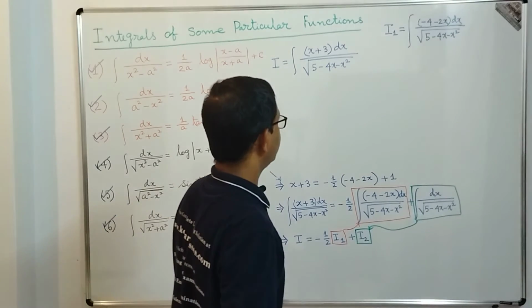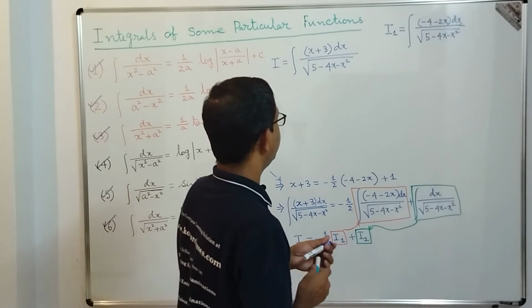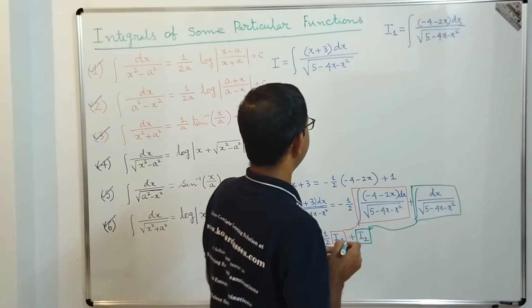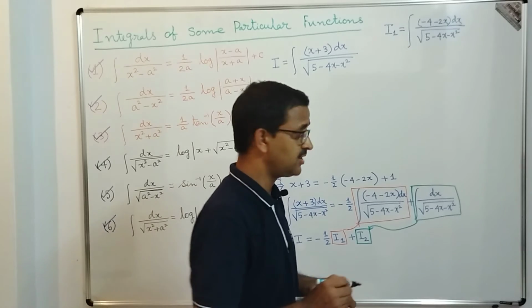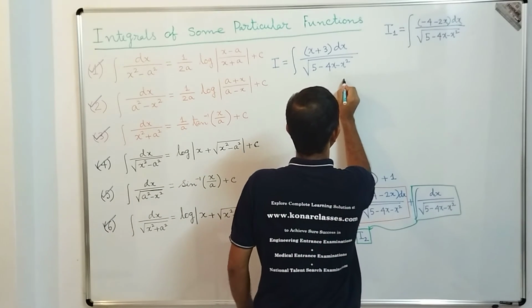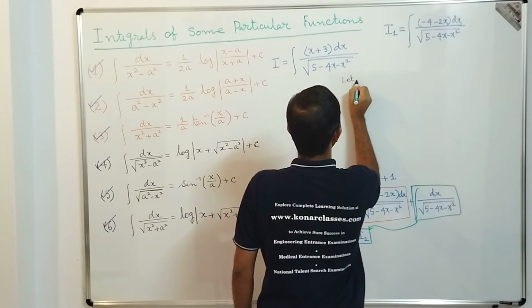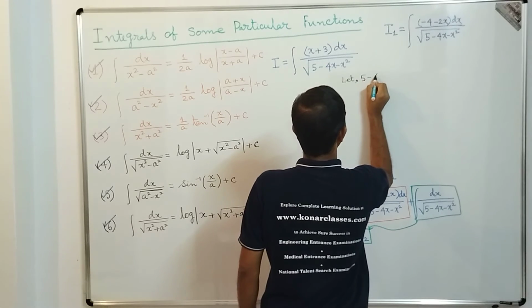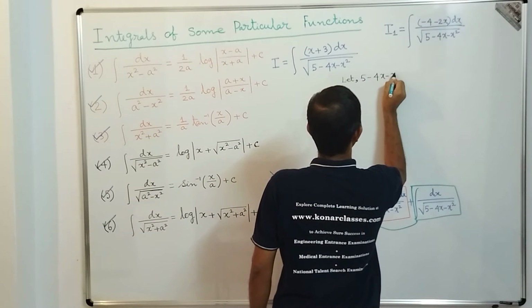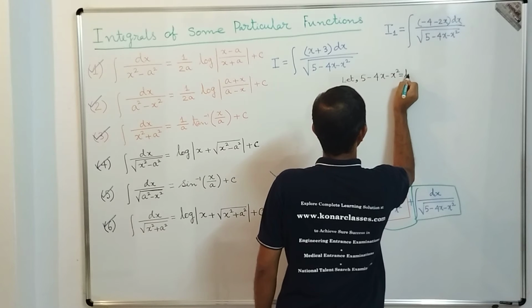Correct? So what we are going to do, we should assume that 5 minus 4x minus x square is equal to t.